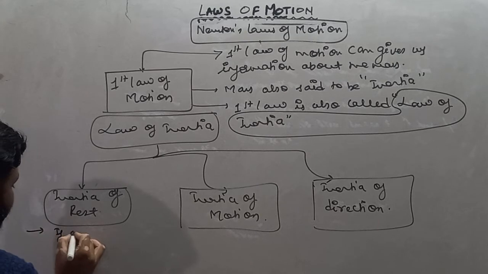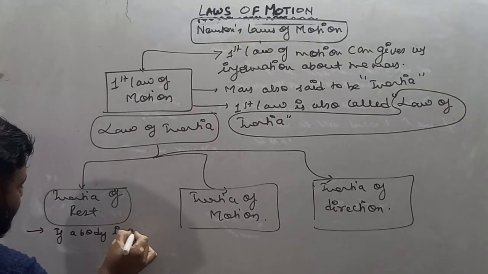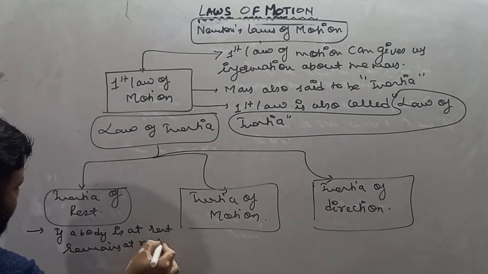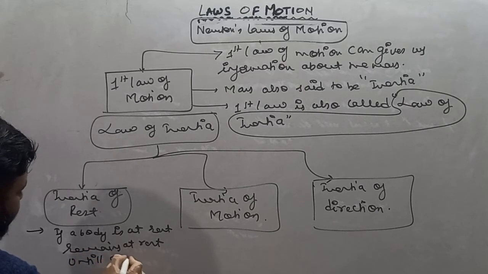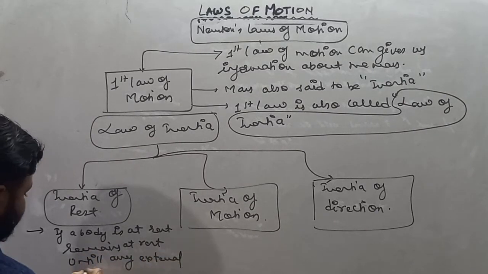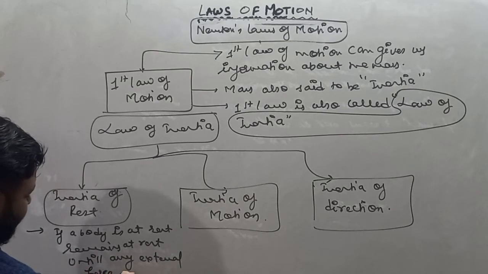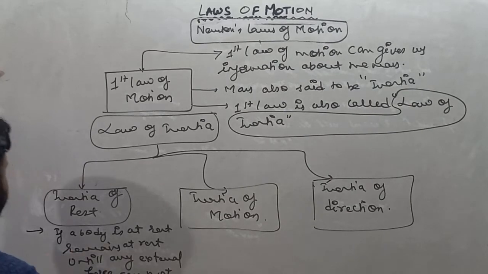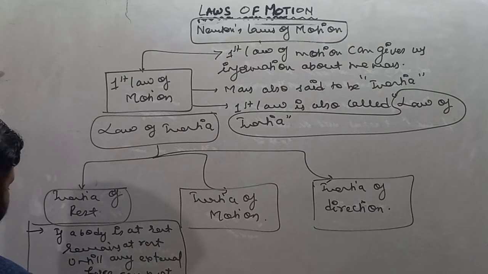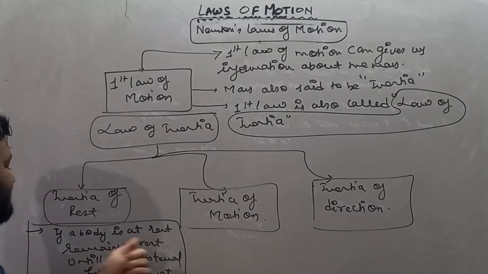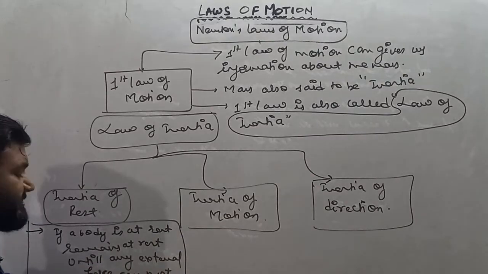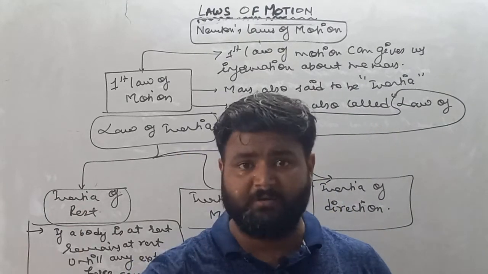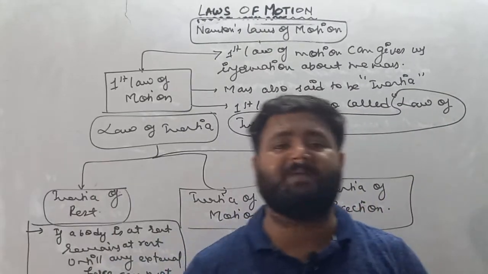Inertia of rest says, if a body is at rest, it remains at rest until any external force is applied on it. So this is called inertia of rest, my dear student. A body at rest cannot come in motion by its own until an external force is applied on it.